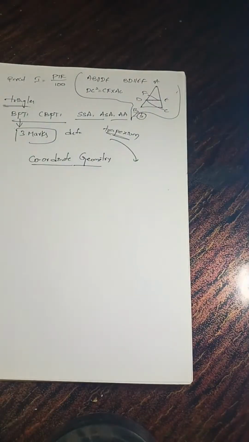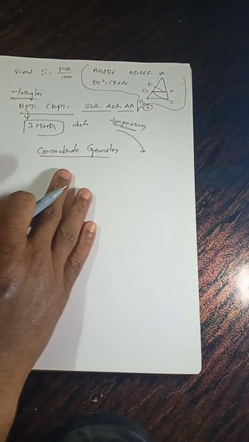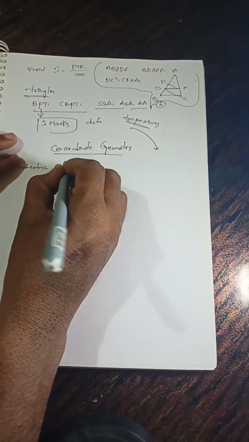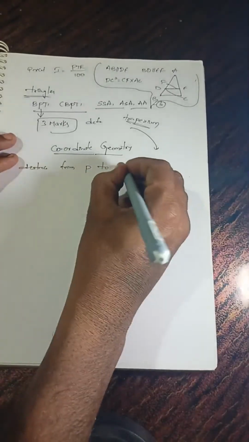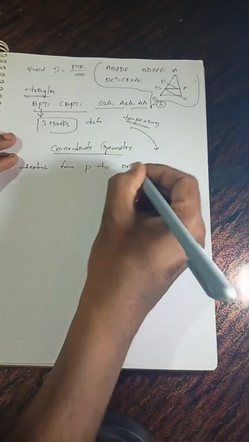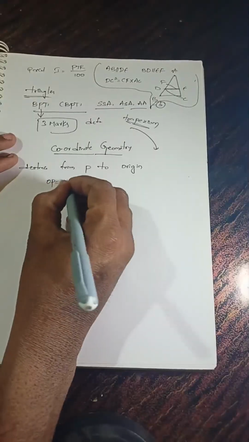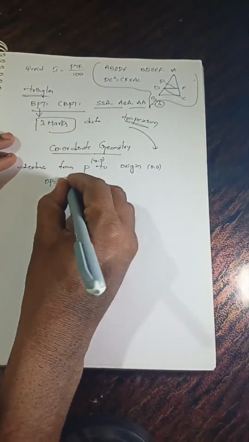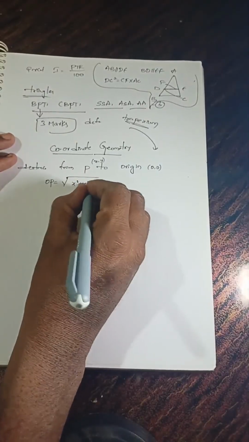Now we go to coordinate geometry. What are the coordinates of coordinate geometry? We are getting the distance from a point to the origin. The distance from a point to the origin is OP, where the point is x comma y and the origin is 0 comma 0. It is under root of x square plus y square.